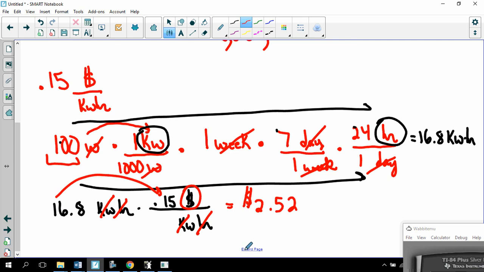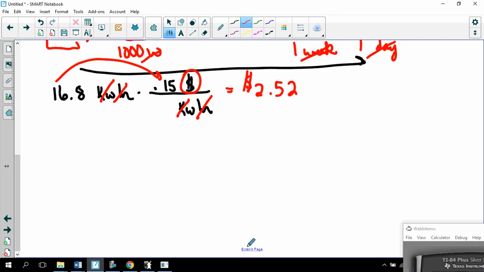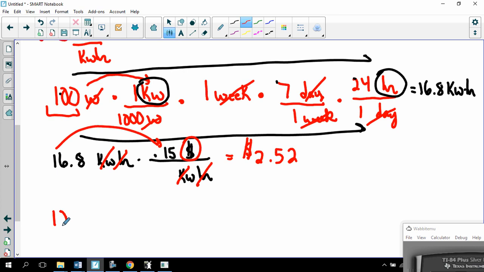This is kind of dumb, but my other explanation is you had 100 watts over 1 week. So technically, we started with 100 watt weeks.